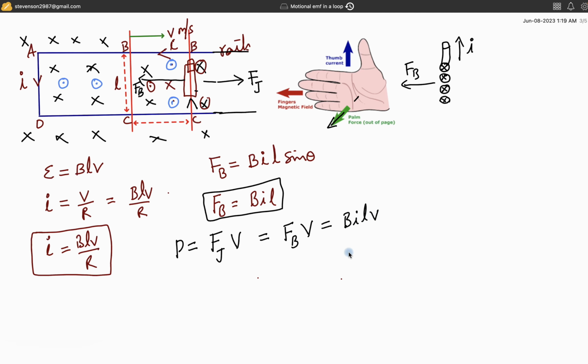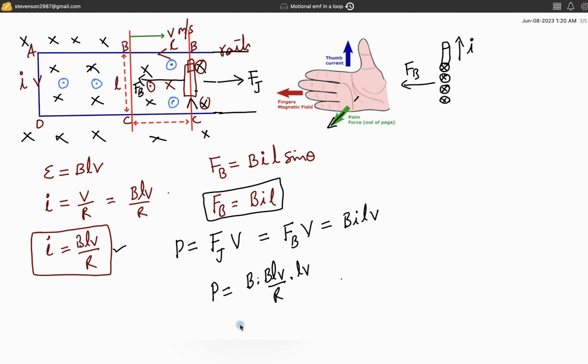times V, right? Now if I rewrite this expression in terms of only B, eliminating I by substituting for I, I have B times BLV over R, which is the I value we have here, times LV.